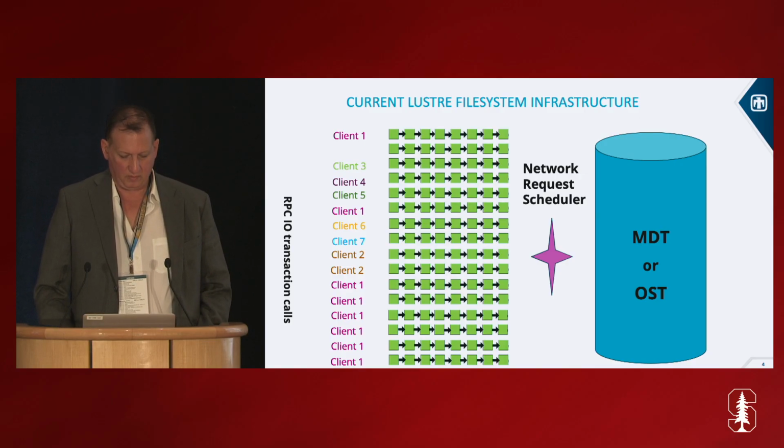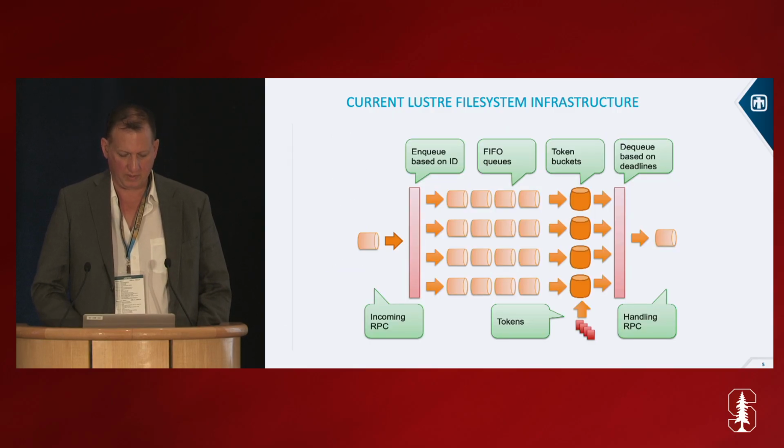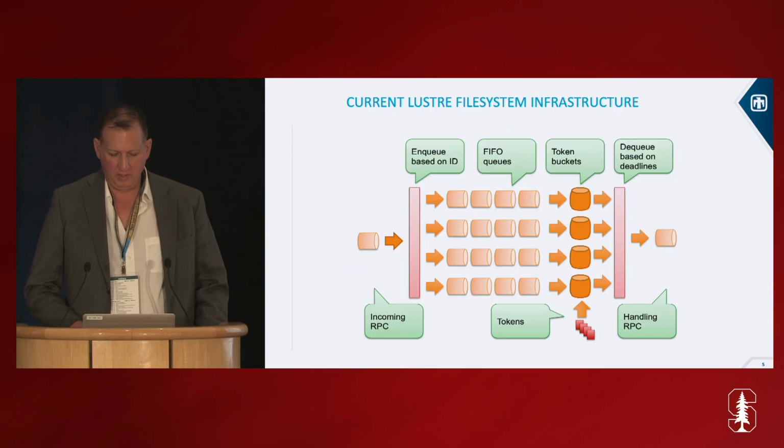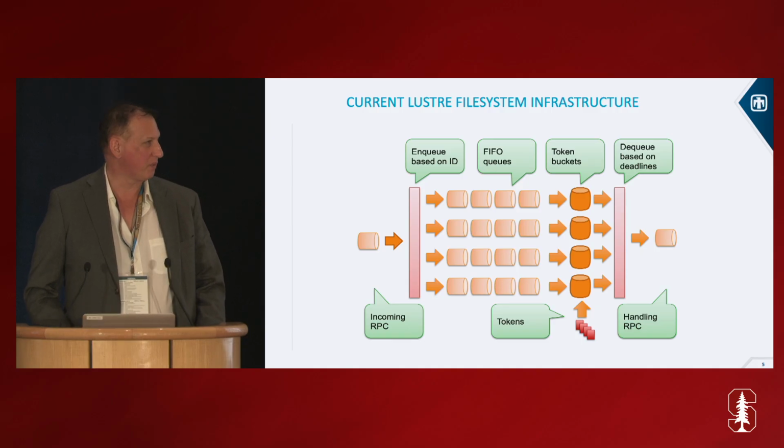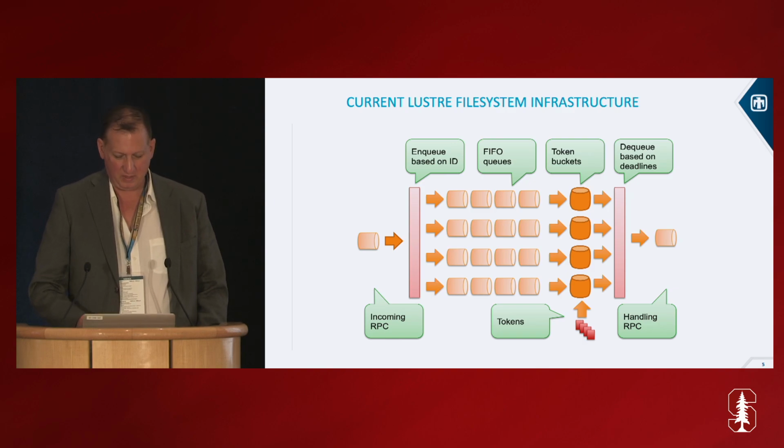That's kind of a big picture look at how that goes. I took this picture from the documentation for the Lustre file system. Again, we've got first in, first out queues.